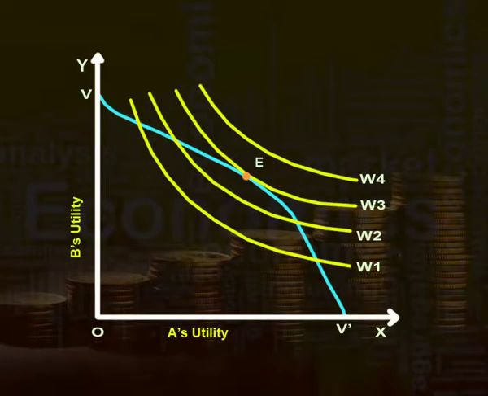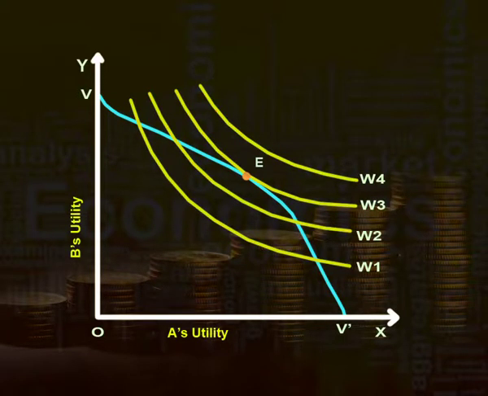Let us understand the concept of welfare maximization with the help of a diagram. In this figure, we can see that there are two utility indices A and B on the x and y axis respectively. A grand utility possibility curve VV' is superimposed on social indifference curves representing social welfare functions to find the unique optimum position of social welfare.